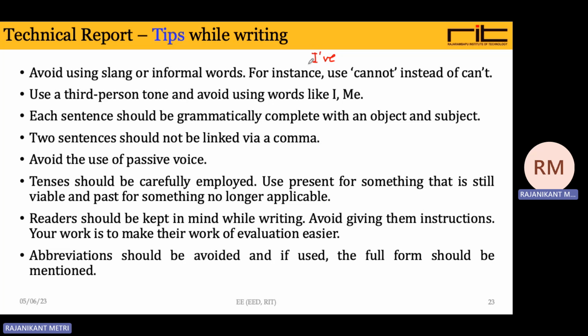So you cannot use I, and you cannot use slang or informal words like 'because' in this way. Such informal words must not be used in the report. Always use a third person tone and avoid I, me, we.